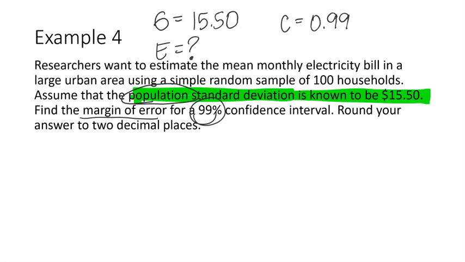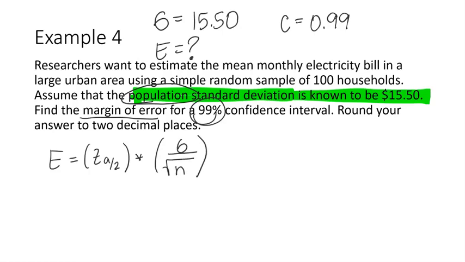Now in the last slide, we were given a formula for error. Error is found as my z-score alpha over 2 times sigma over the square root of n. Remember that this is just the z-score that goes with my confidence being 0.99.